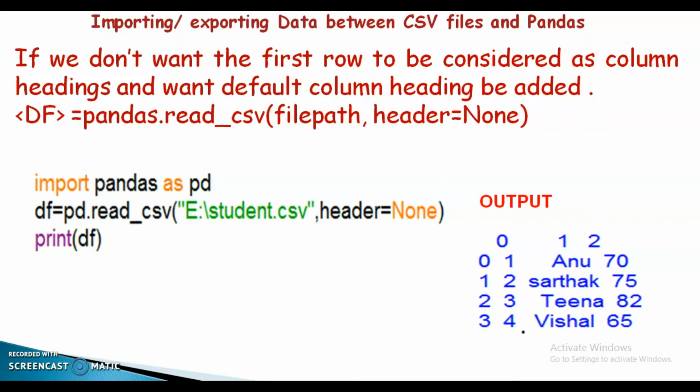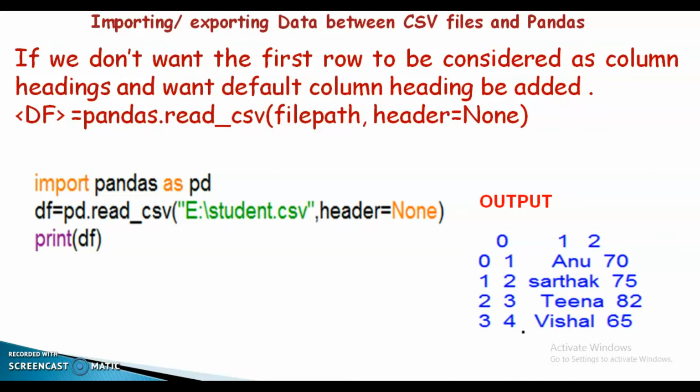Then automatically the default column headings are inserted. For that we can use the attribute header equal to None.